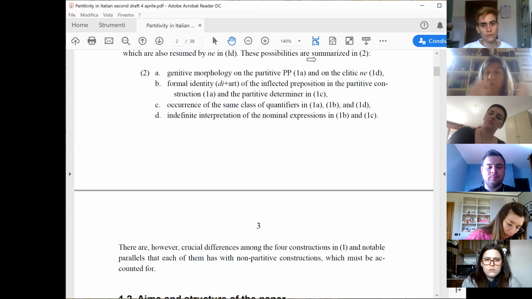We find quantifiers in 1A, in 1B, and in one reading of 1D with the clitic, where the quantifier is not obligatory, but may occur.